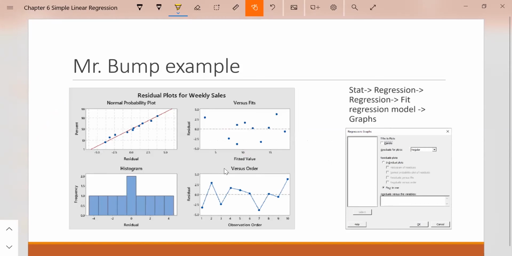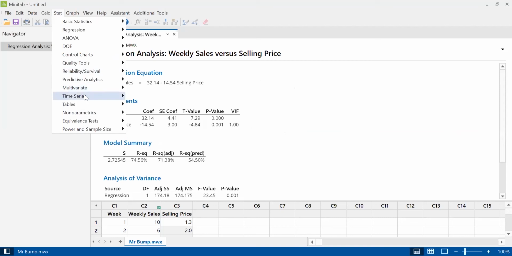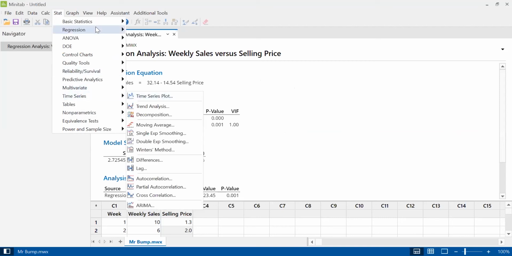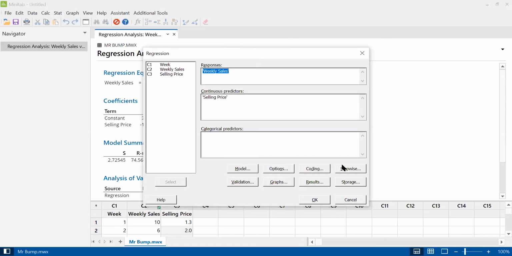And right now, let's head over to Minitab and see how we can obtain all the graphs there. All right, so here's Minitab, and we want to obtain the residual graphs. Therefore, we have to re-estimate the model. So we're going to go to Stat, Time Series, regression this time. I use time series too often. And then Regression again, then Fit Regression Model. Among so many options, you will see Graphs.